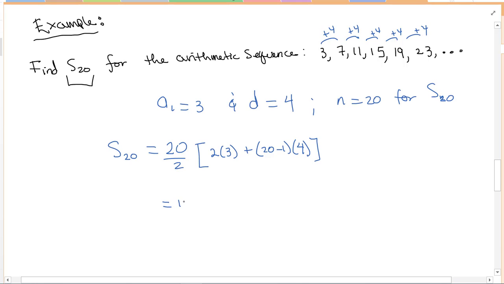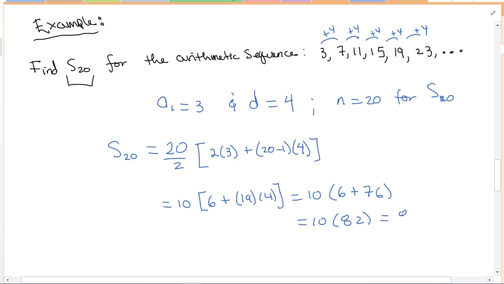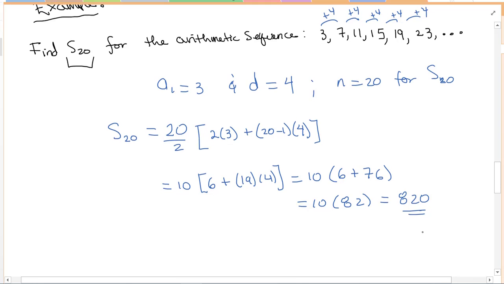So I'm going to get 10 times, what's that, 6 plus 19 times 4. And when you do that on a calculator, 19 times 4 is 76. And so we get 10 times 82, which is 820.